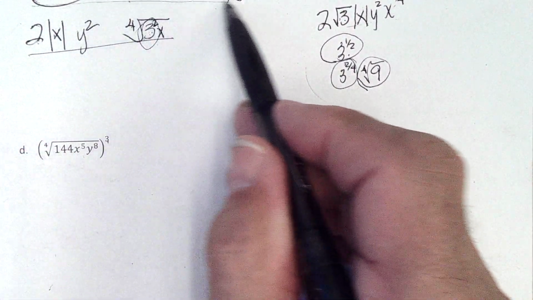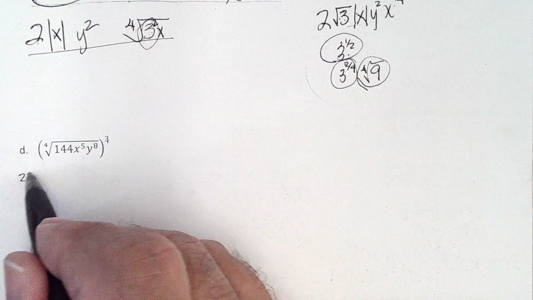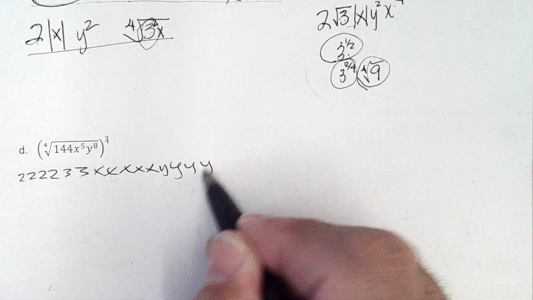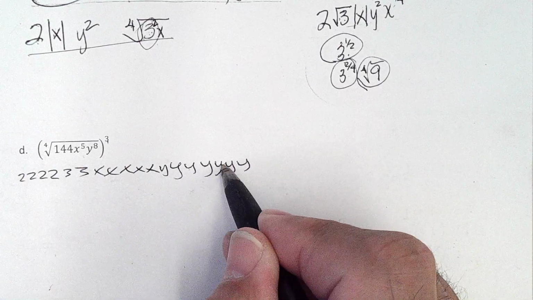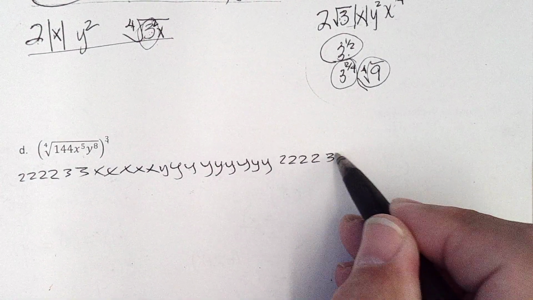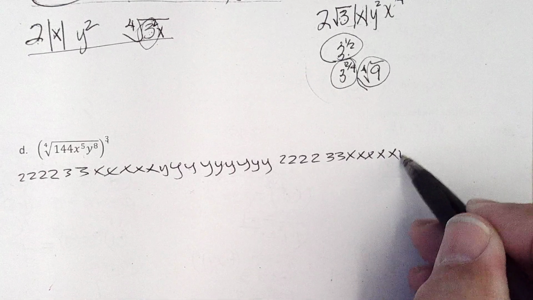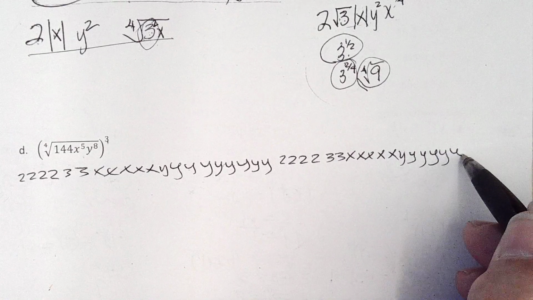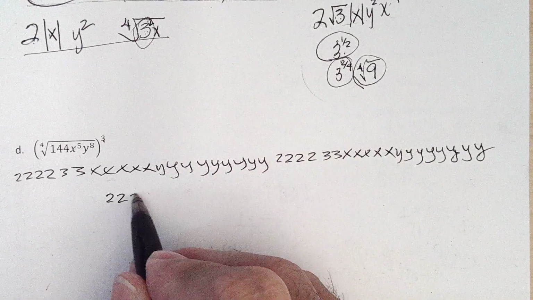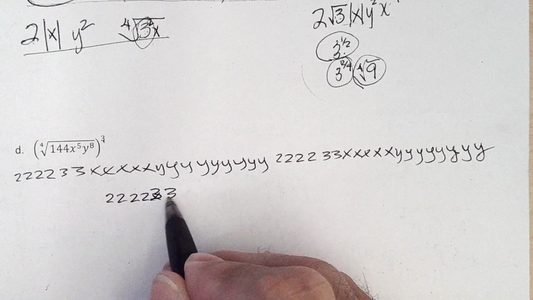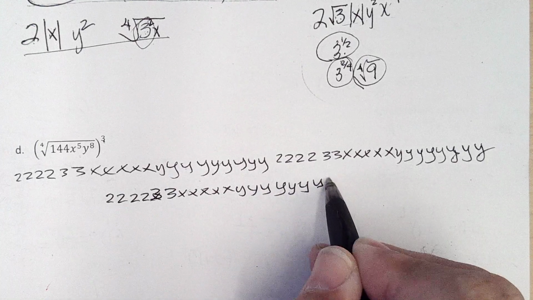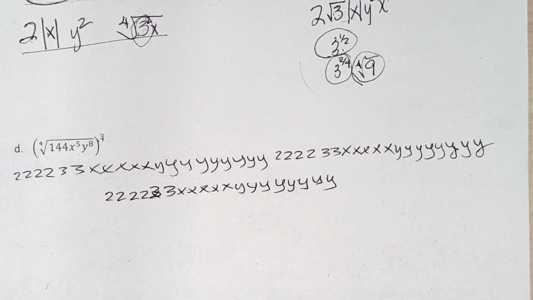So if I do it this way, I've got to write it out: 2, 2, 2, 2, 3, 3, x, x, x, x, x, y, y, y, y, y, y, y, y, and again, 3 of them. That's the stuff inside to the 3rd.